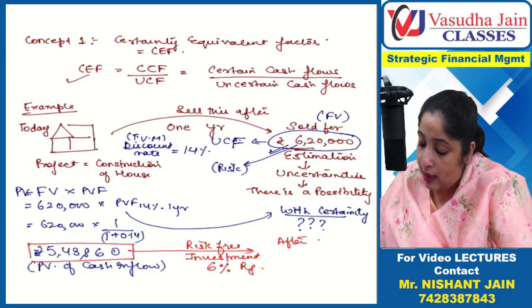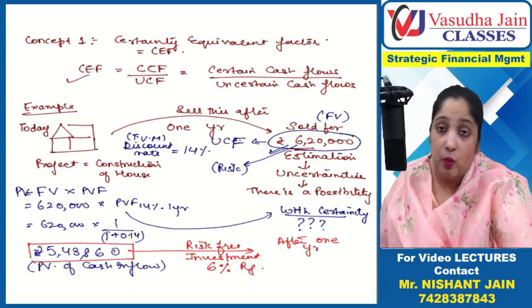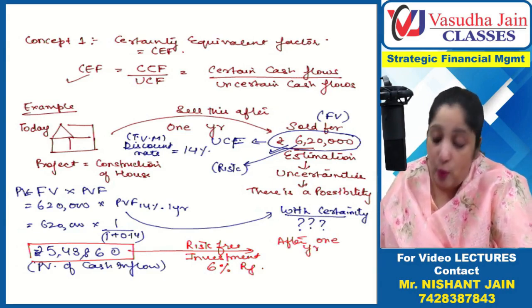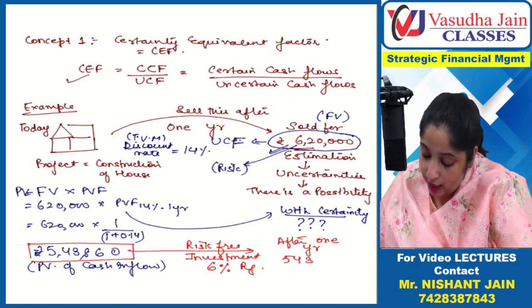Can any student tell? Can you compute how much I should get after 1 year if I invest this money for 1 year? 5,43,860 into 1 plus 0.06.